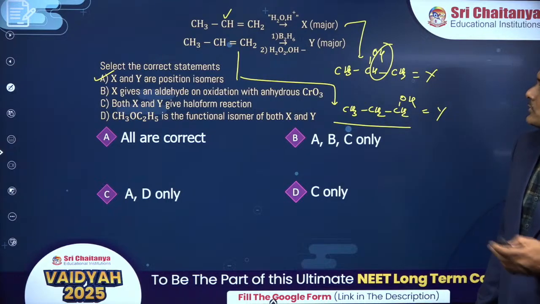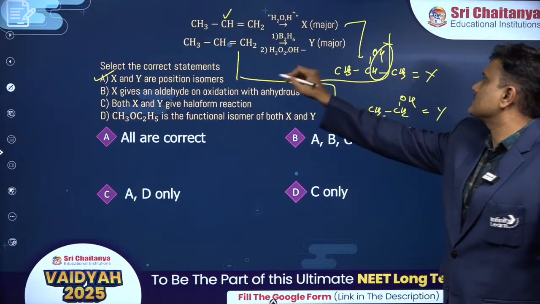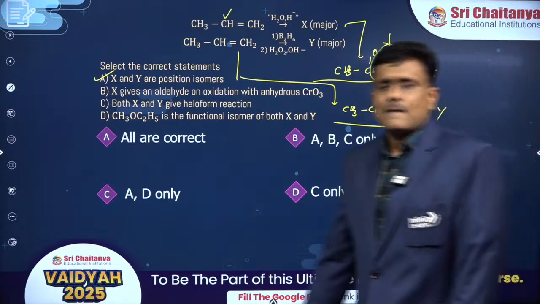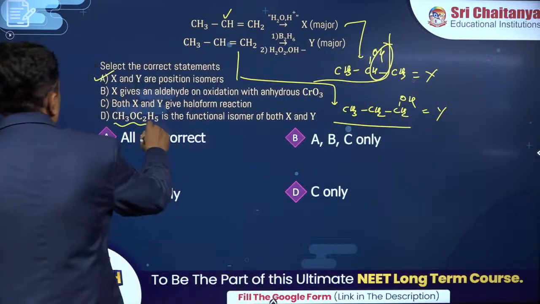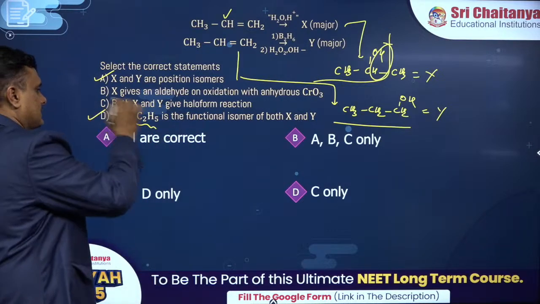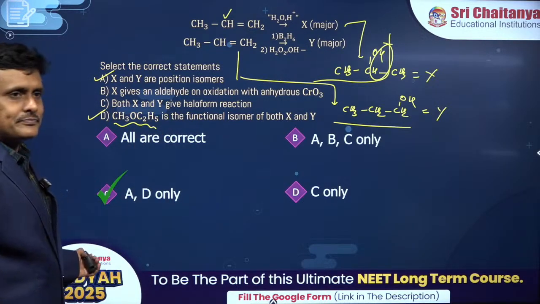That's not true. Both X and Y give the haloform test. No, only this gives the haloform reaction. Even that's not correct. CH3OC2H5 is the functional isomer of both. Yes, because this has the same molecular formula and this is an ether, right? So looks to be that D is correct. Good.